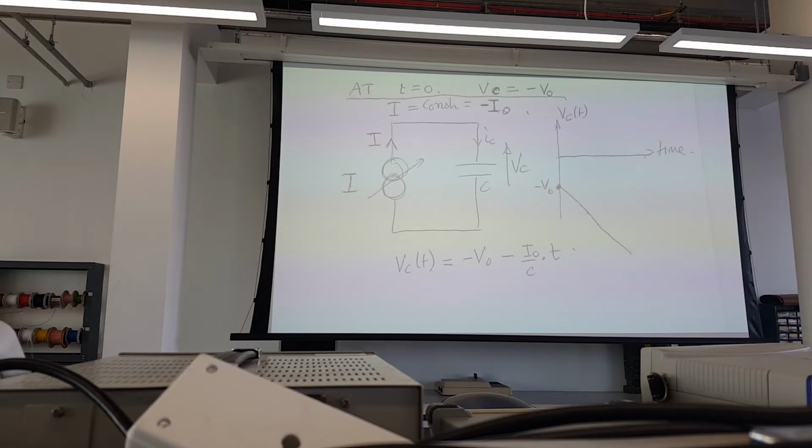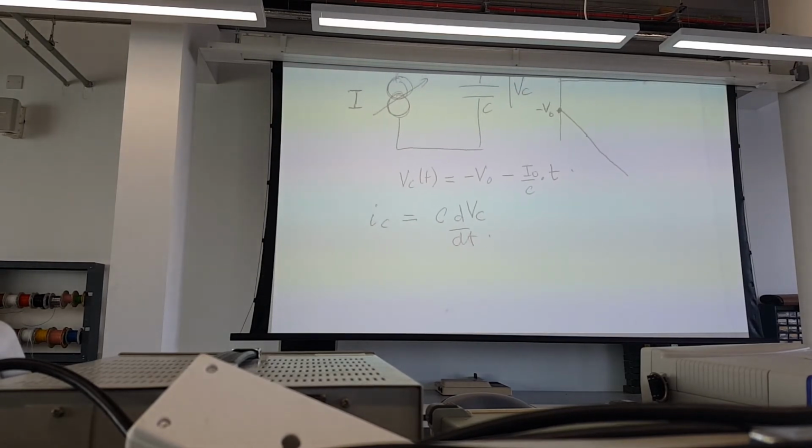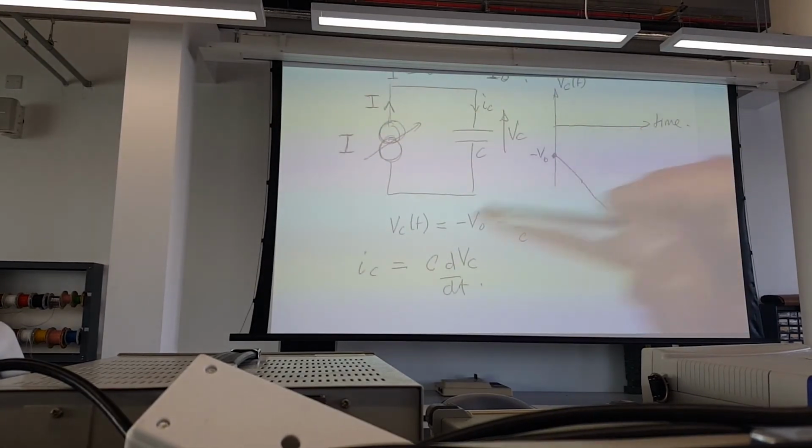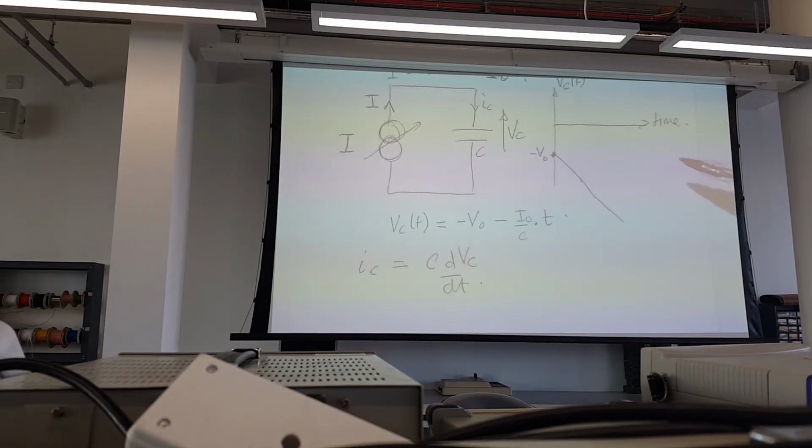Here we go. Ready? So what we have to do is we have to say IC equals C dVc by dt, because that's what's going on. Now we Laplace transform it.